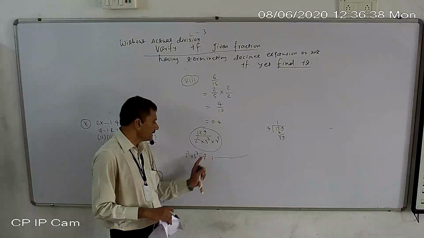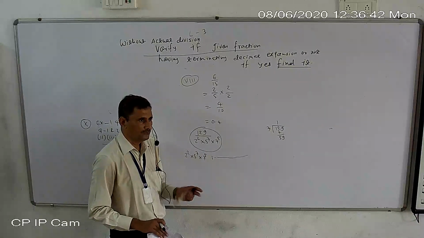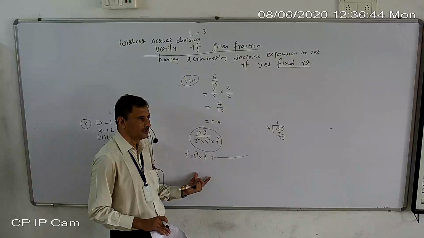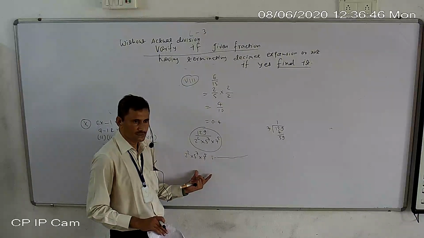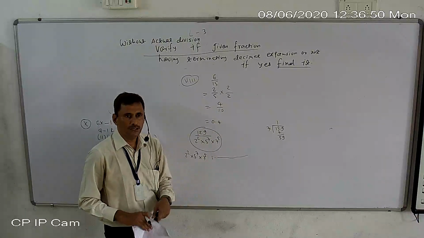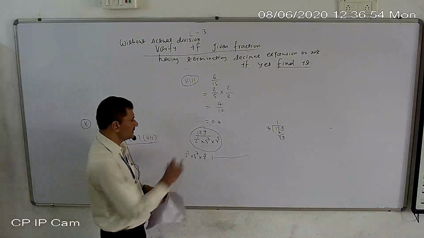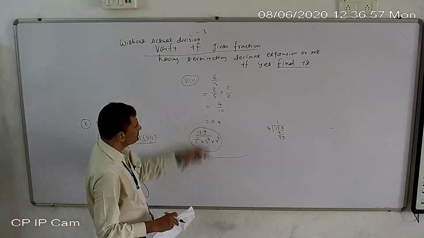So it is not a terminating decimal expansion. Now that sum is over. Why? You cannot go ahead. It is a non-terminating decimal expansion, so you cannot find it this way. If you want to find it, you have to do actual division. Okay, so this is a very simple and very short sum.